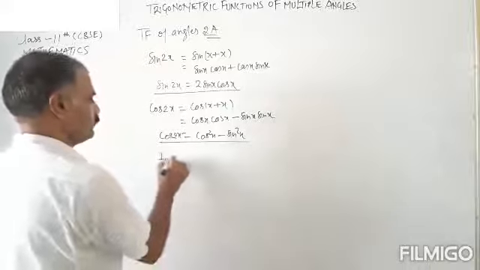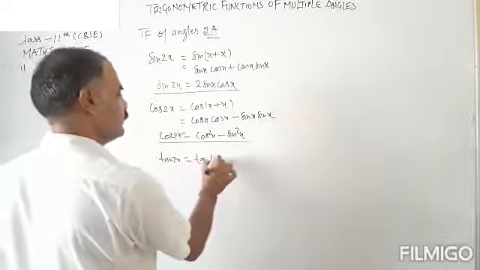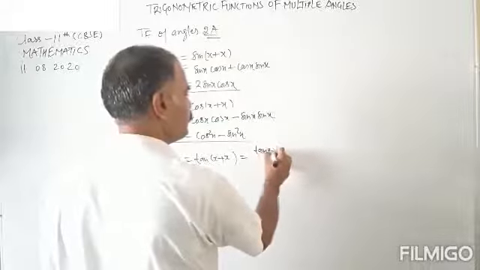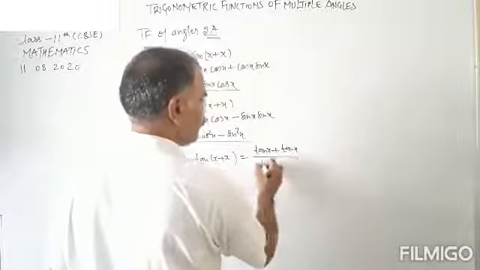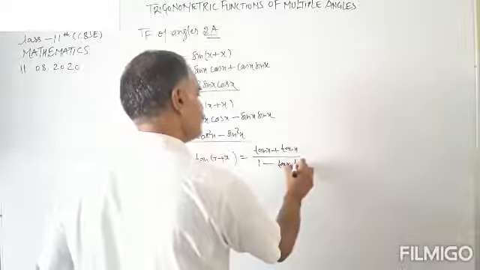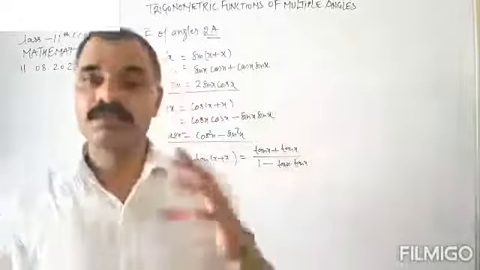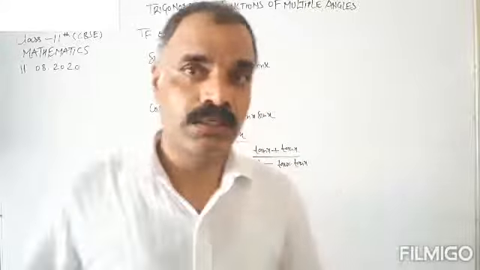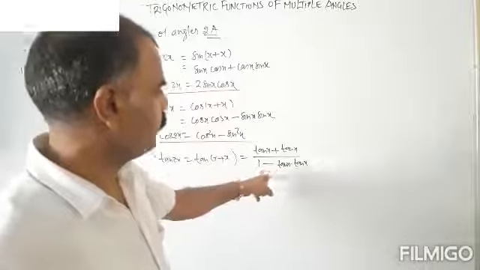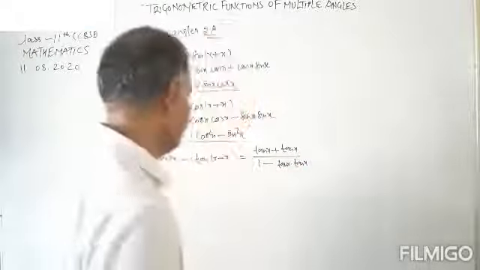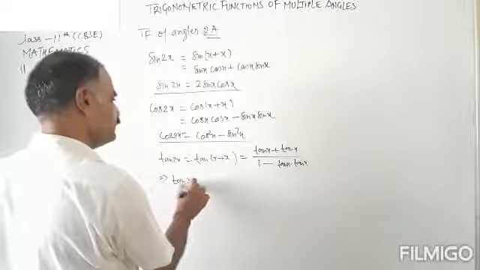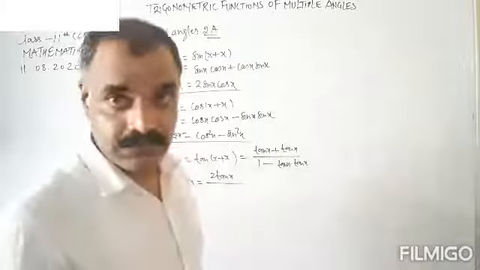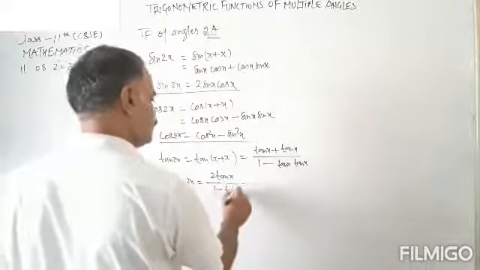Now we will discuss tan 2x. Tan 2x is equal to tan of x plus x, that is tan x plus tan x divided by 1 minus tan x multiplied by tan x, using the formula of tan x plus y and replacing both x and y with x. So tan 2x is equal to 2 tan x upon 1 minus tan square x.